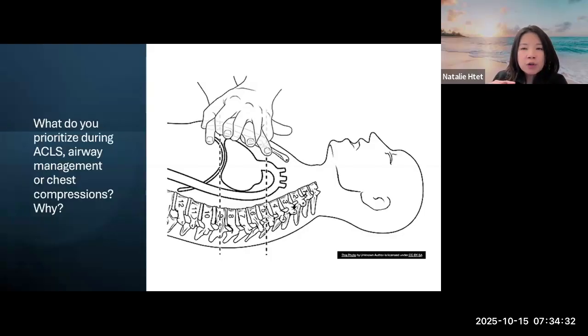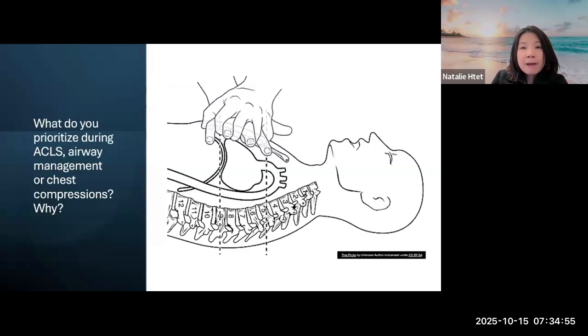Even an interruption in compression can reduce the coronary perfusion pressure. So the time that we take to intubate the patient, and if you are the solo provider, any time away from chest compression will end up accumulating in reducing coronary perfusion and worsen outcomes.